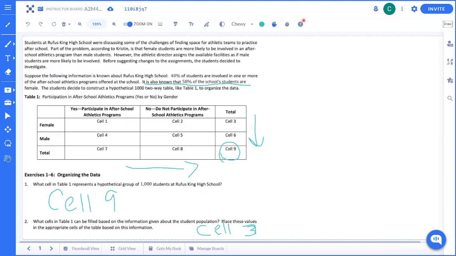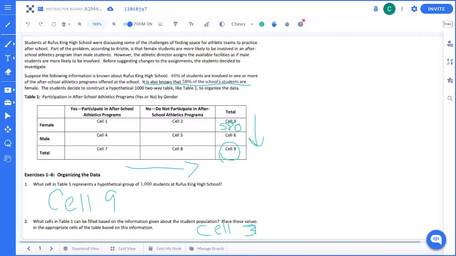Let's go ahead and fill that in. Cell 3 is going to be, since it's 58%, 580. Okay, 580 students.